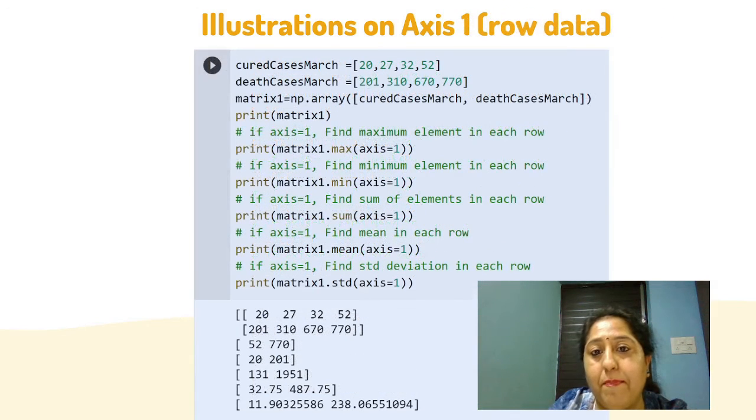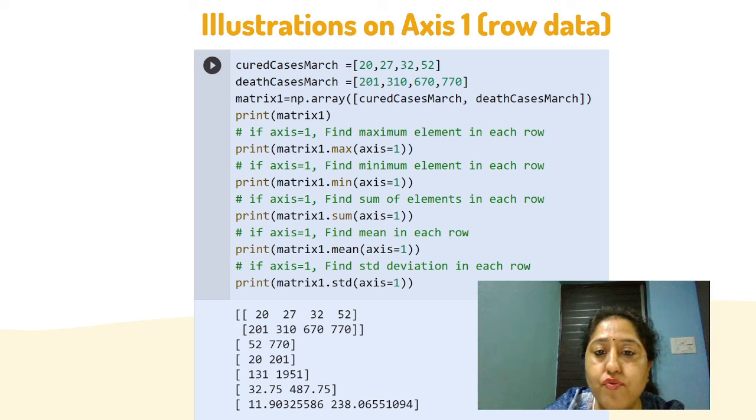In the same way you can apply the statistical functions on row data, that is with axis equals to 1. If you write matrix 1 dot max with axis equals to 1, then it will give you the maximum element in each row.